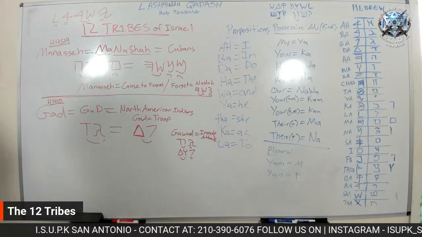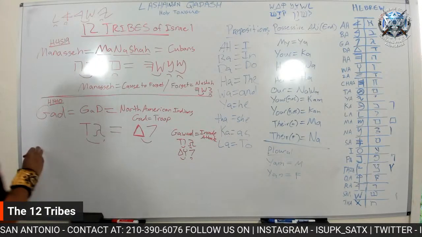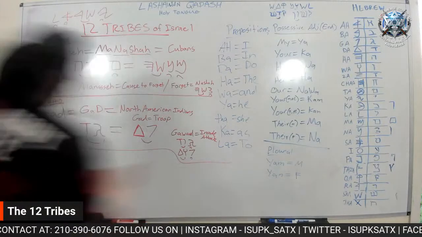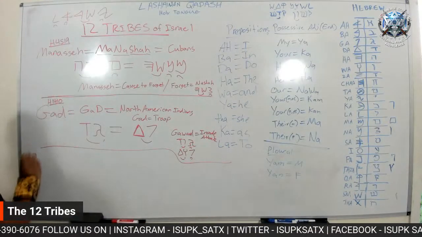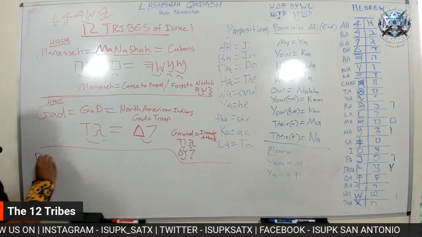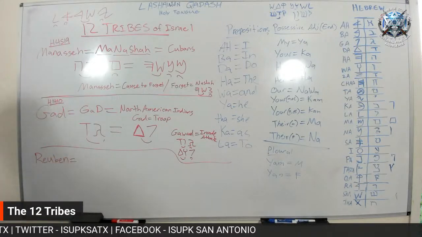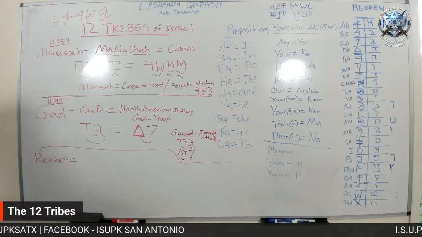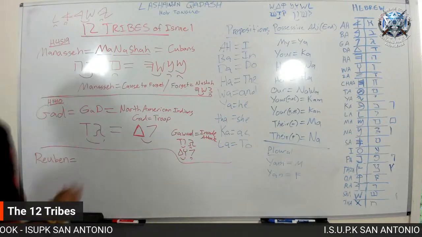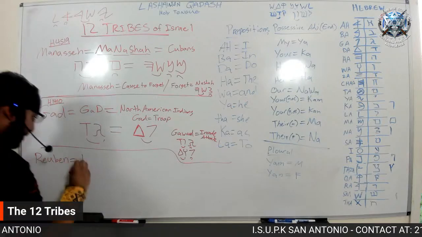Now we have another Native American tribe. This is actually a pretty tricky one. I believe the name means, see, it's a son, Reuben. This might actually be the firstborn, if I'm not mistaken.